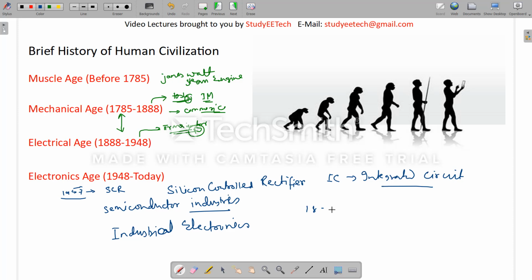Then 1980s, 90s, many things came into the picture. The internet came, and computer technology was another revolution during the 70s, 80s. The computer was invented before this time, but commercially it was hugely being used then.